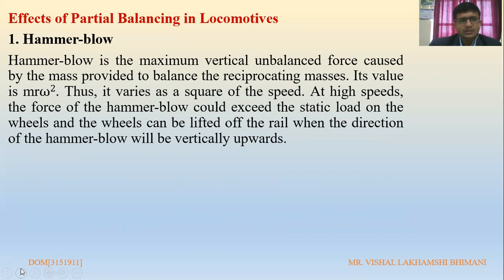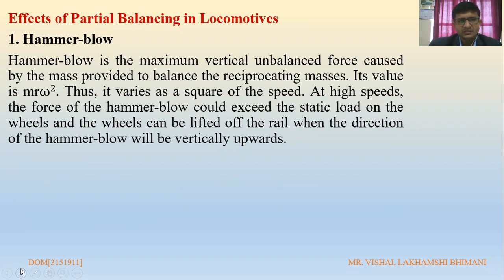Hammer blow is the maximum vertical unbalanced force caused by the mass provided to balance the reciprocating masses. Its value is m r omega square. Thus it varies as the square of the speed, and at high speeds the force of the hammer blow could exceed the static load on the wheels, and the wheels can be lifted off the rail when the direction of the hammer blow is vertically upward.